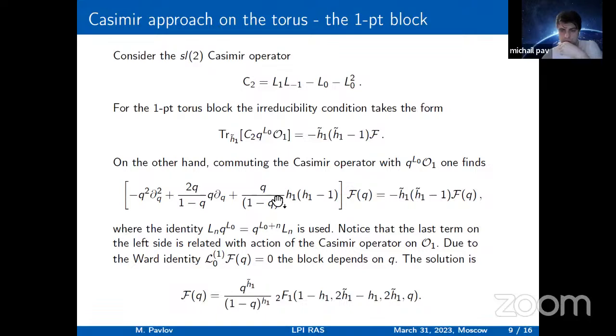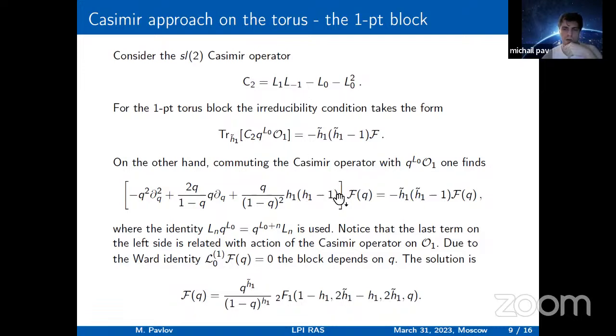And in a similar fashion, we can realize this part of the Casimir operator by some differential operator. And of course, the 1-point torus block is a function of the modular parameter and the coordinate of the primary operator, but we remember that there is a Ward identity associated with the global symmetry on the torus, so we can actually exclude the Z dependence.